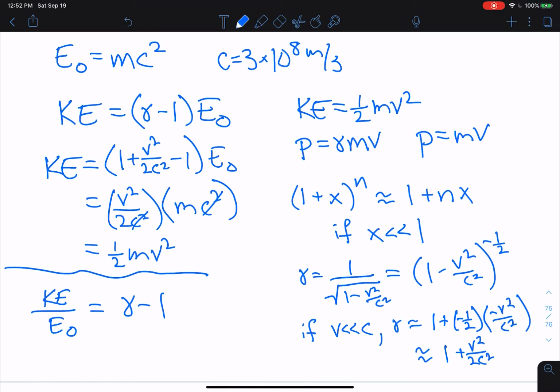So it's possible to go through and figure out how fast an object has to go in order for the kinetic energy to be greater than the rest energy. I'll leave it for you to work out, but I'll just tell you the answer.